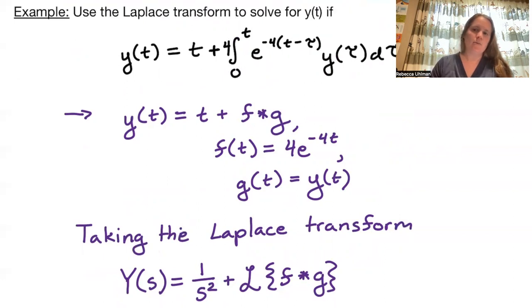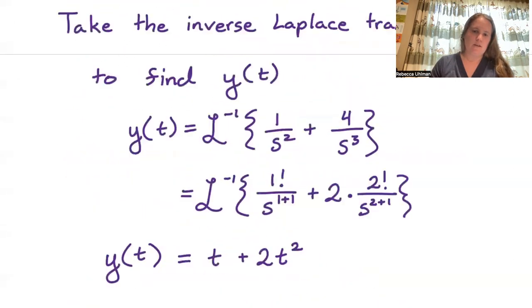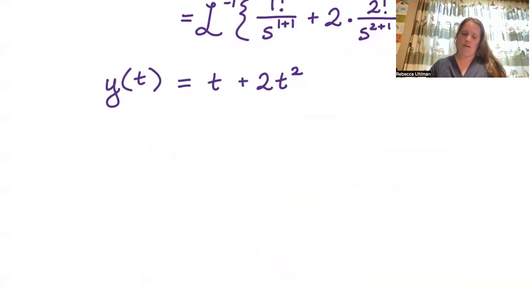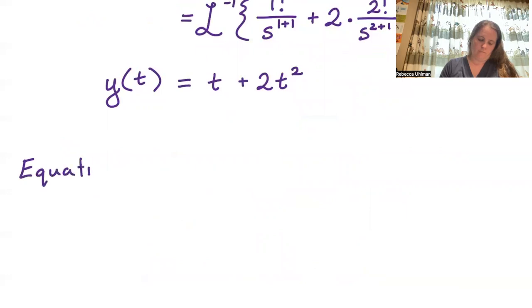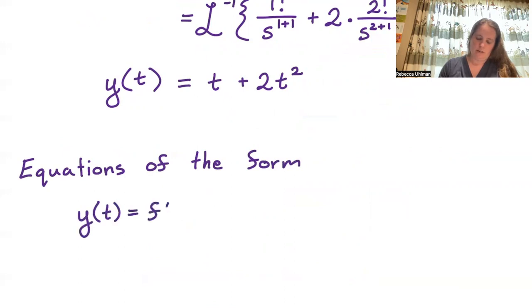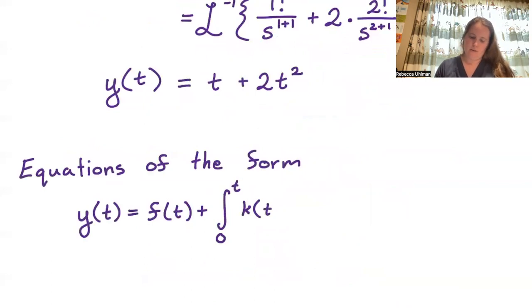So equations of the form y of t is equal to some function f of t plus a definite integral from 0 to t of some k of (t minus tau) times y of tau d tau.